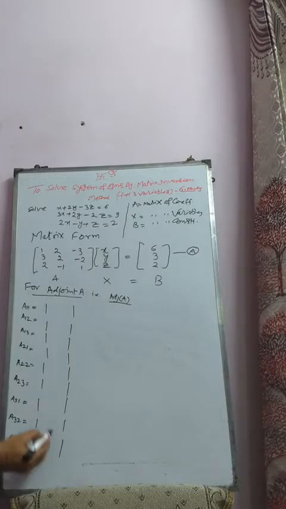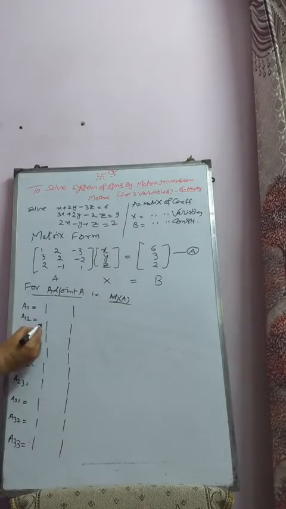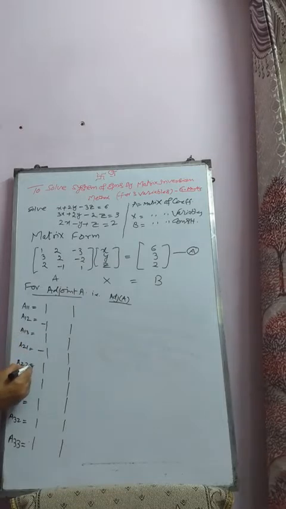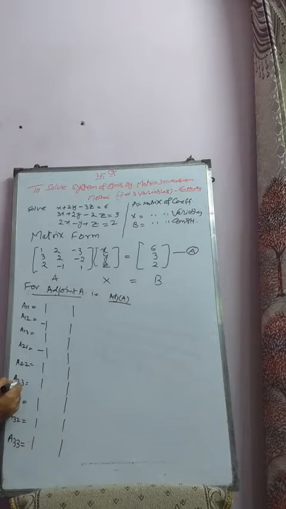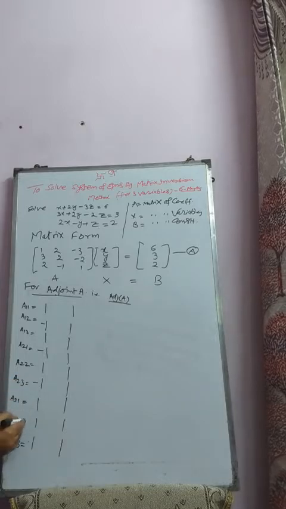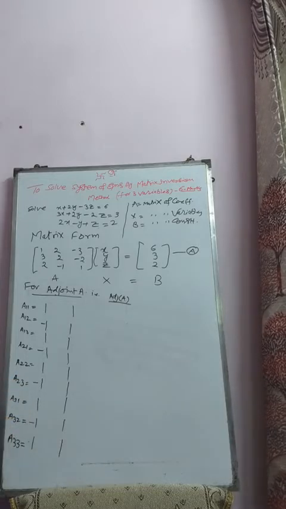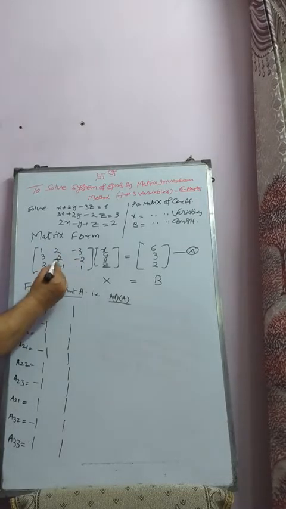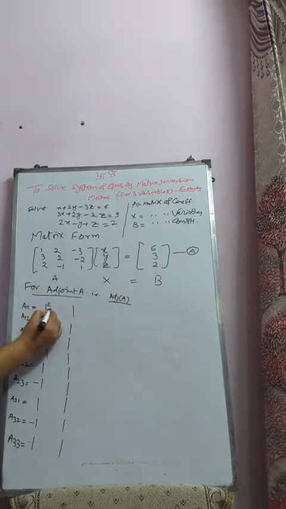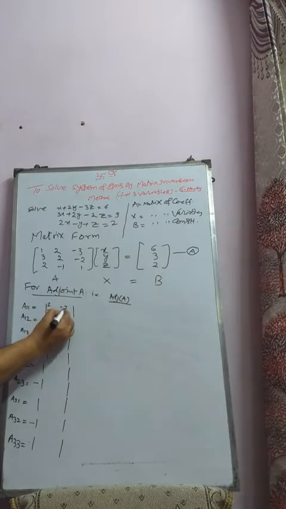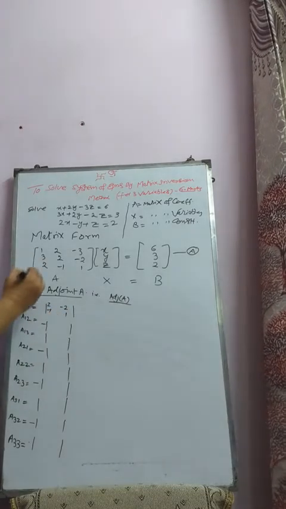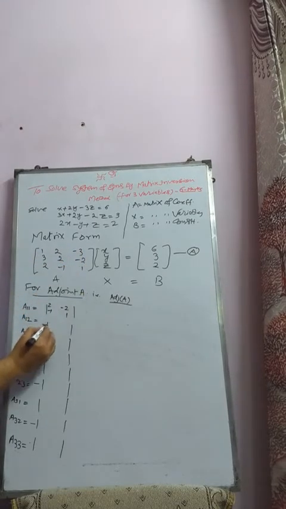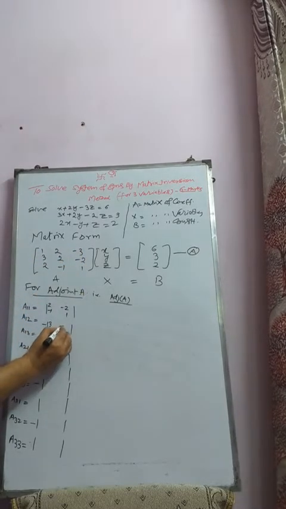So plus minus plus, minus plus minus, plus minus plus. Now A11, first row first column, 2, minus 1, minus 2, 1. A12, first row second column, 3, 2, minus 2, 1.